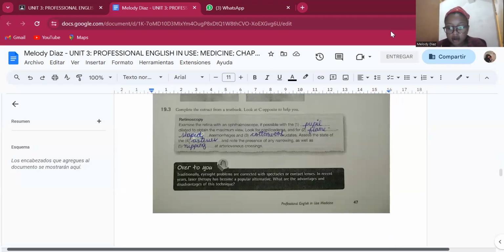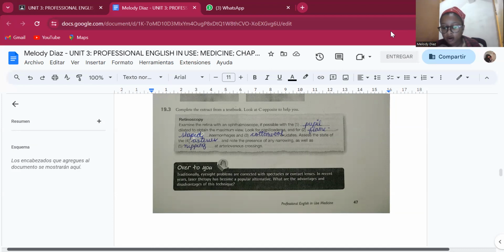Complete the extract from a textbook. Look at the opposite page to help you. Ophthalmoscopy: examine the retina with an ophthalmoscope. It is possible with the pupil dilated to obtain the maximum view.